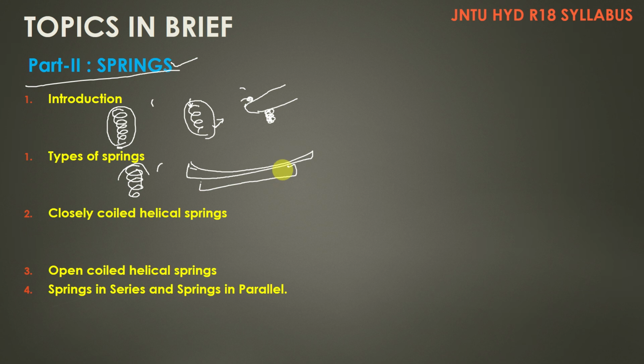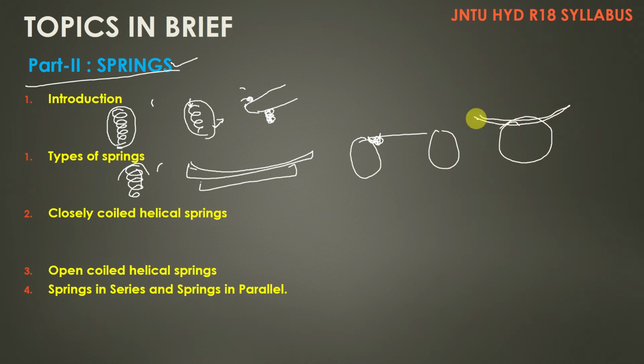They are provided at the top side portion of the wheel. Here the leaf springs are located, and the spring shape will be like this.